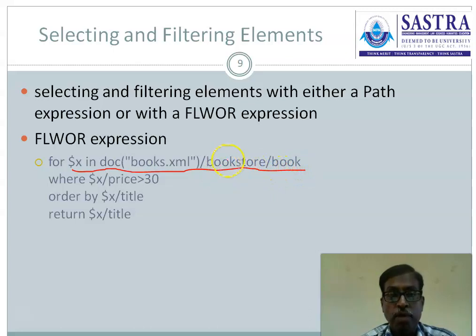So I am going to apply the conditions here. See, where $x/price greater than 30, order by $x/title, return $x/title. So we are applying the condition price greater than 30, and then the title.